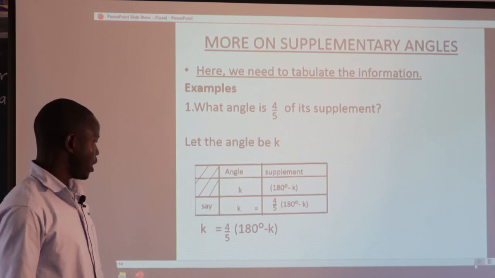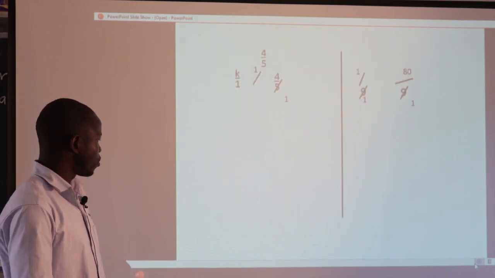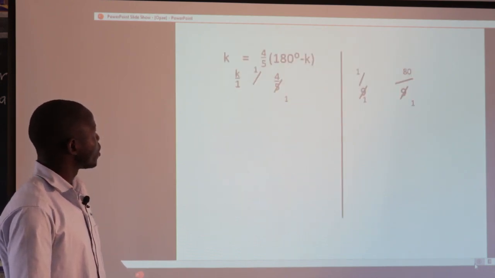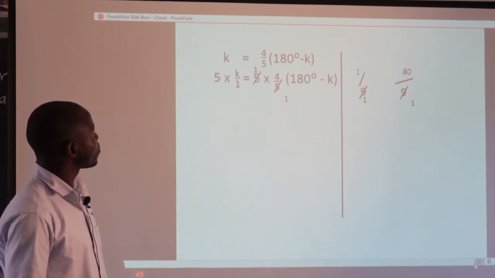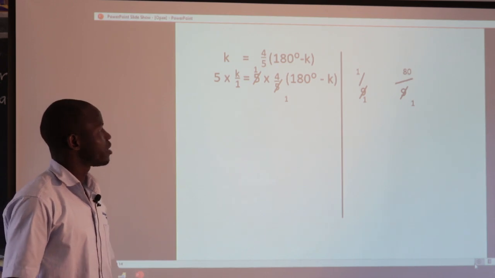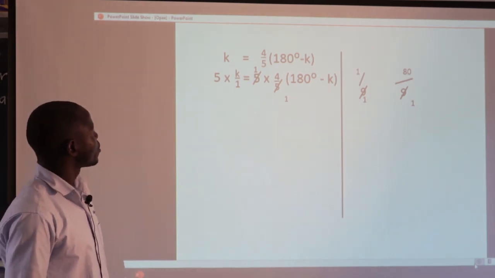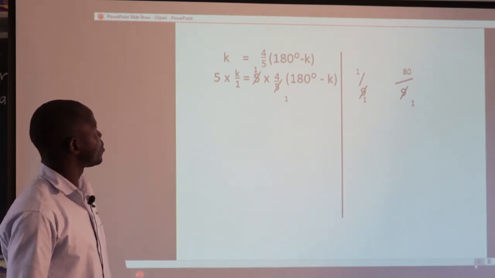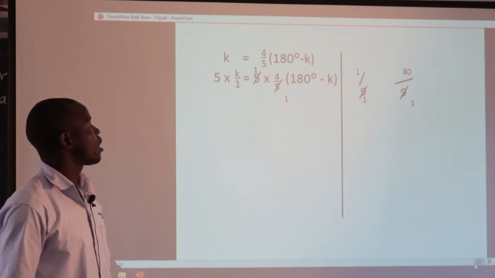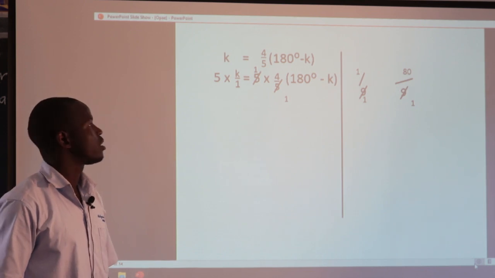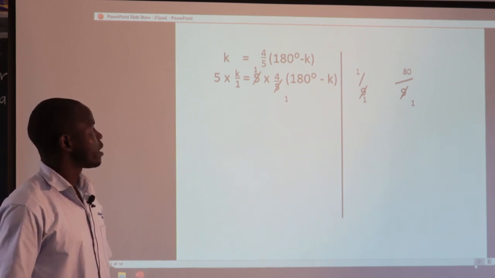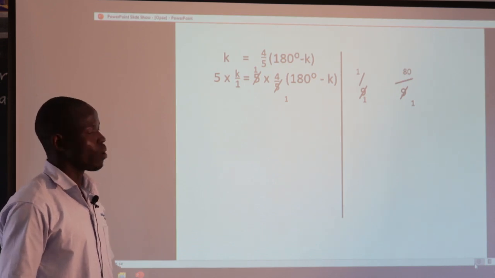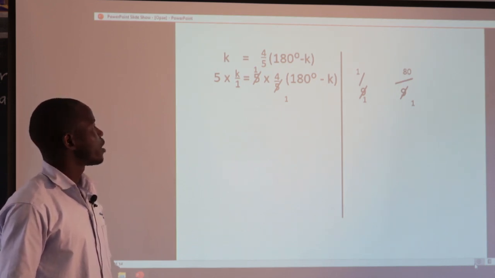And then here, LCM will be introduced. Multiply all sides by the LCM, as you can see. So in that second step, we have 5 times K out of 1 is equal to 5 times 4 out of 5 into brackets 180 degrees minus K. In that step, 5 by 5 has been cancelled, 1. 5 by 5 again is 1.